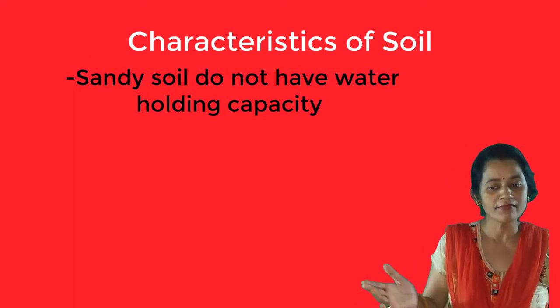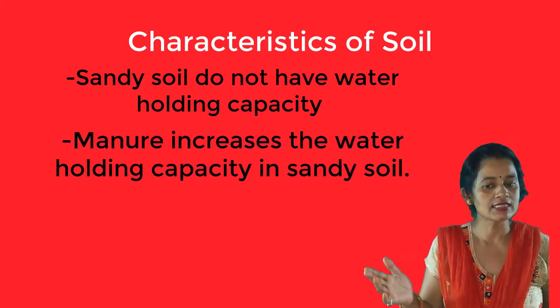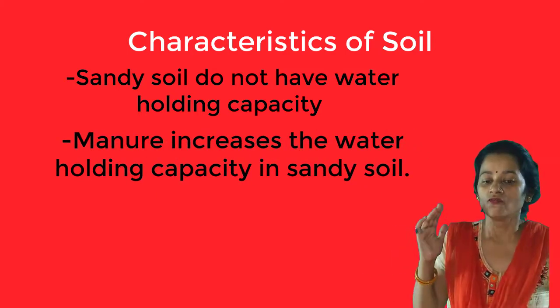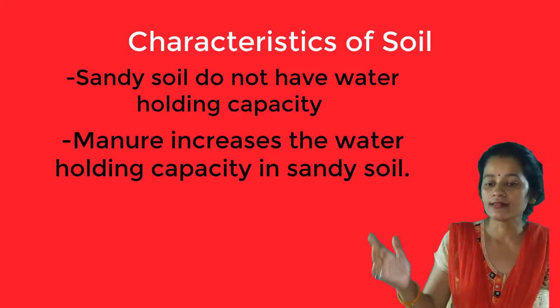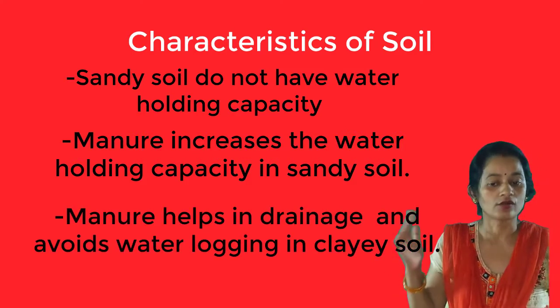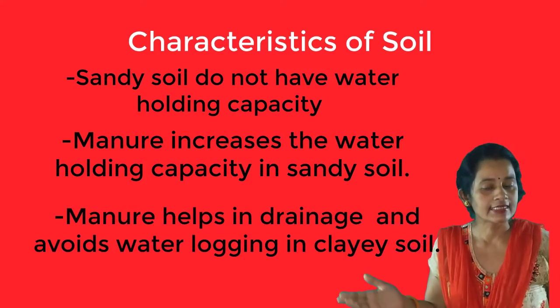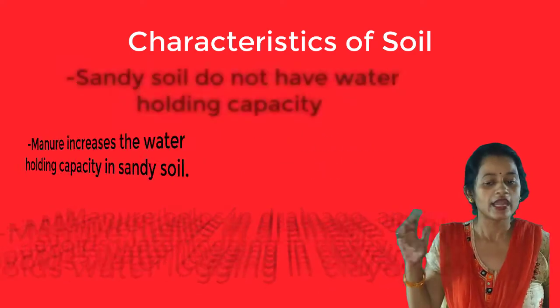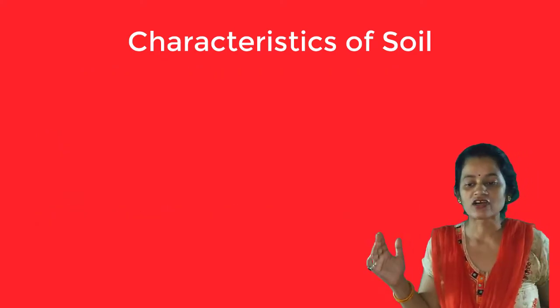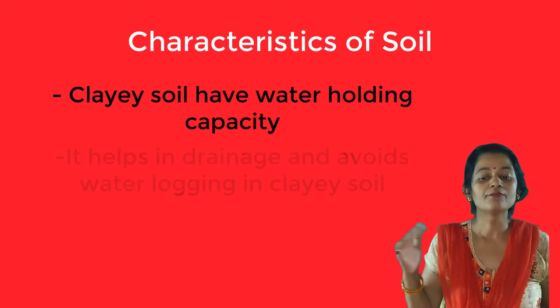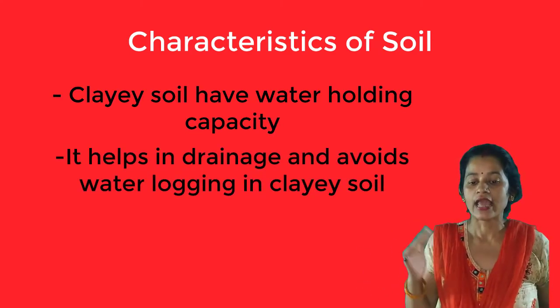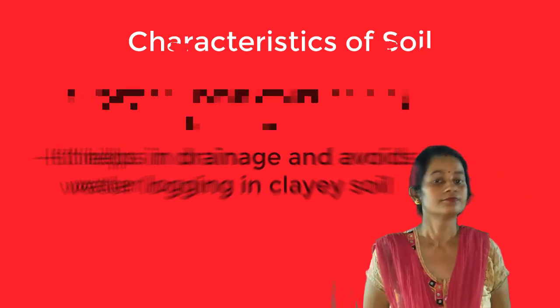So when manure is applied to a sandy soil, it increases the water holding capacity. It helps in drainage and it also avoids waterlogging that is generally seen in clay soil. So if we use manure in clay soil, it will remove waterlogging and help in drainage.